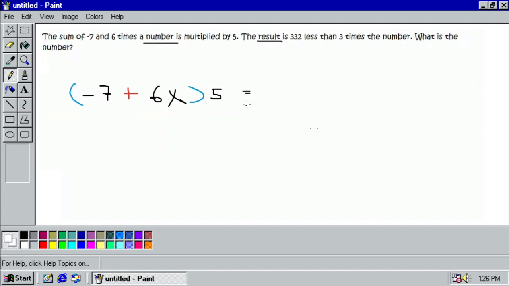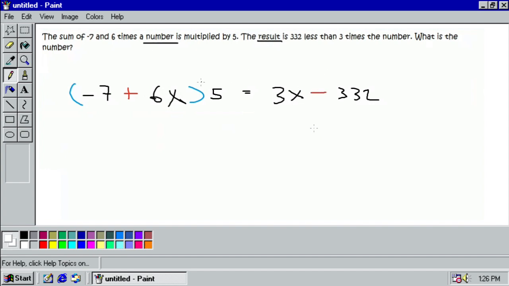So we have 3 times the number x minus 332. So this will be our equation.